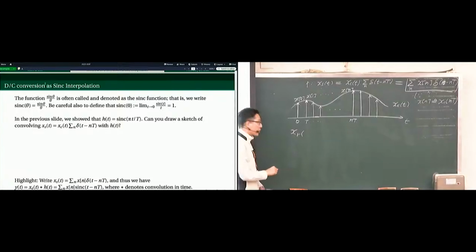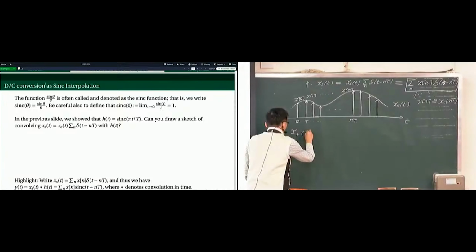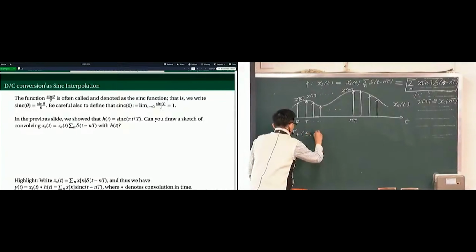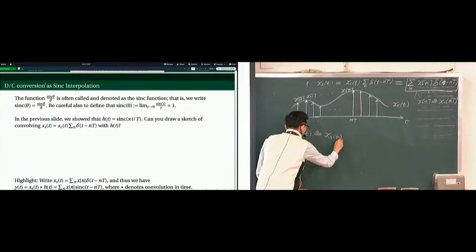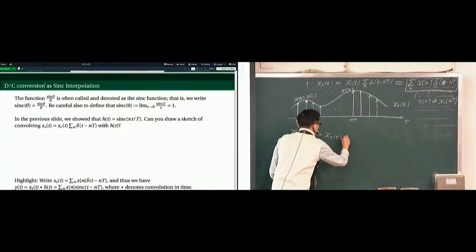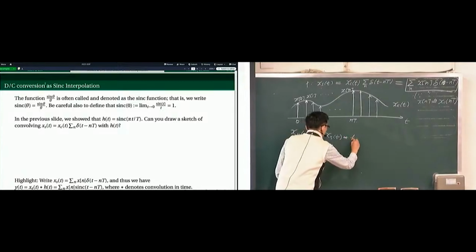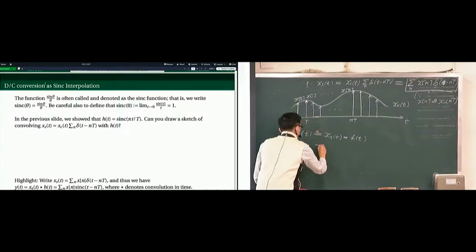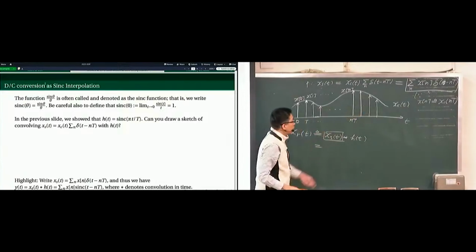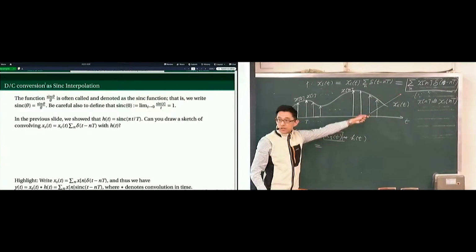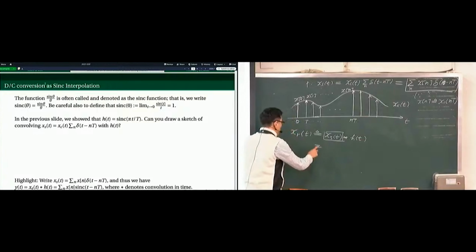Our purpose is reconstruction. x_r is going to be defined as we take our signal after sampling and convolve it with h of t. But then what is here? Here we are going to use this expression to substitute.